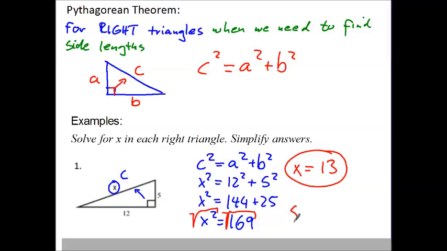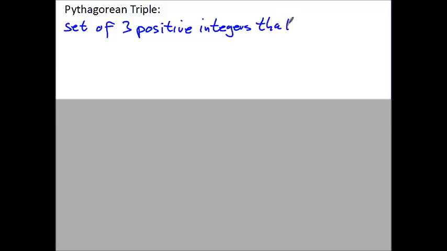And 5, 12, 13 is one of the so-called Pythagorean triples. A Pythagorean triple is a set of three positive integers that satisfy the Pythagorean theorem.